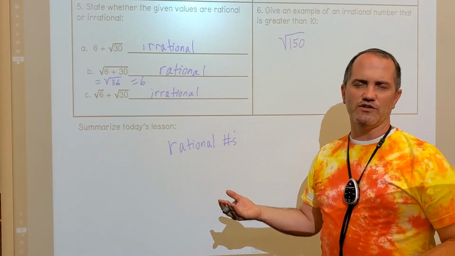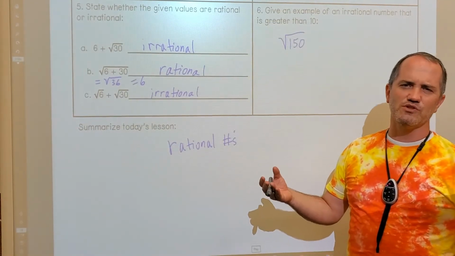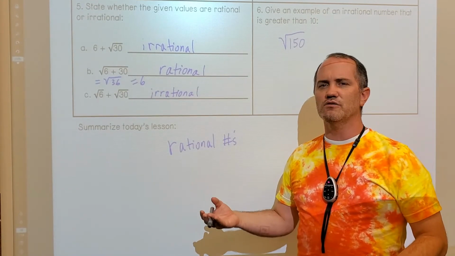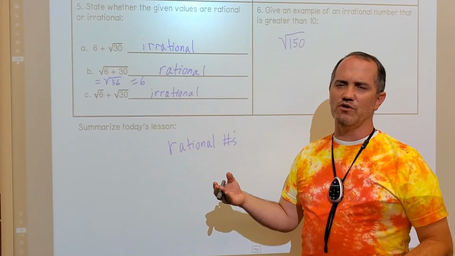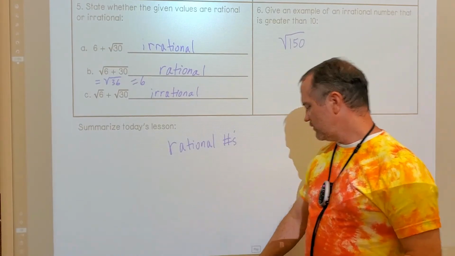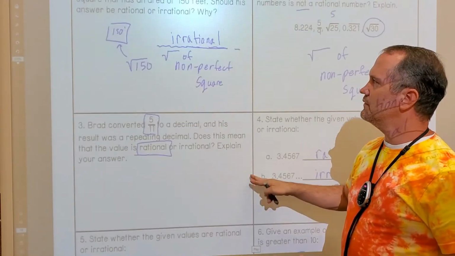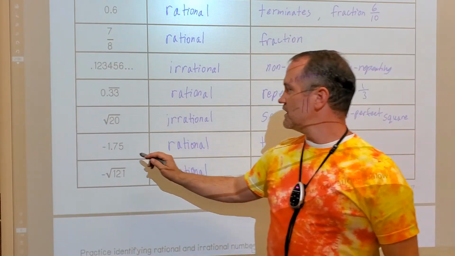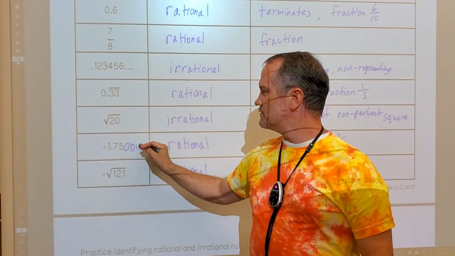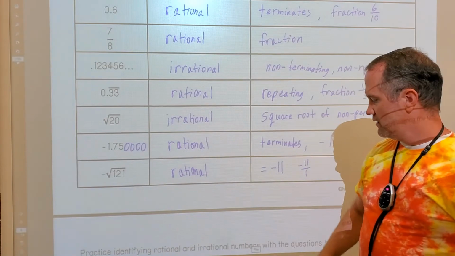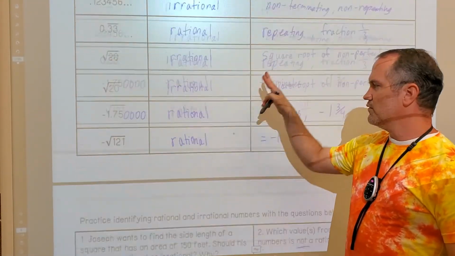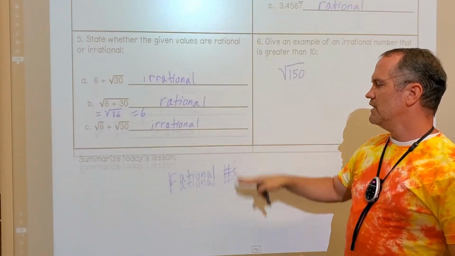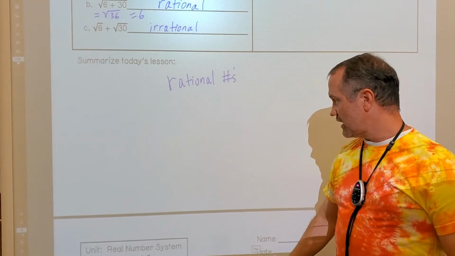You could say that the terminating decimals are actually repeating, it's just repeating a bunch of zeros, like 0.00000. So rational numbers can always be written as fractions.